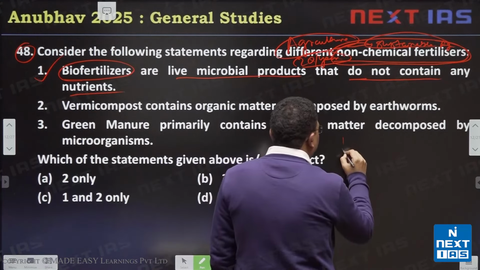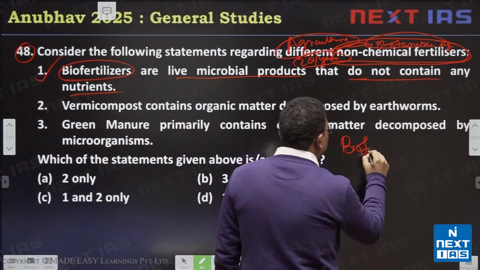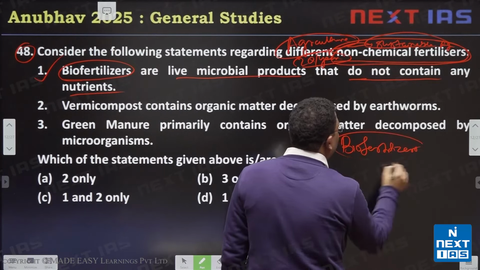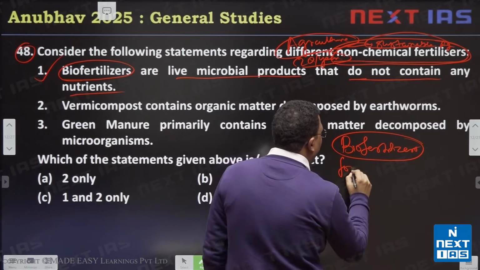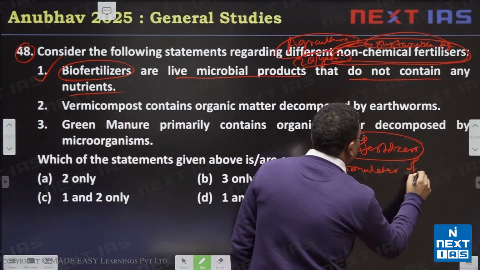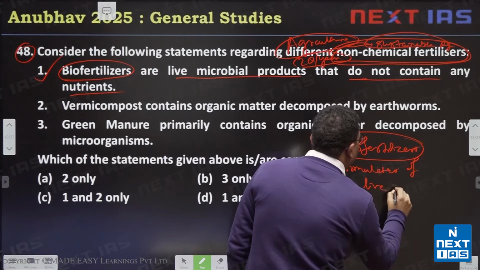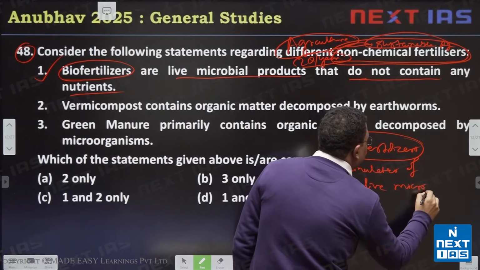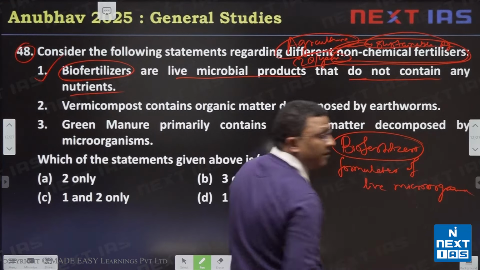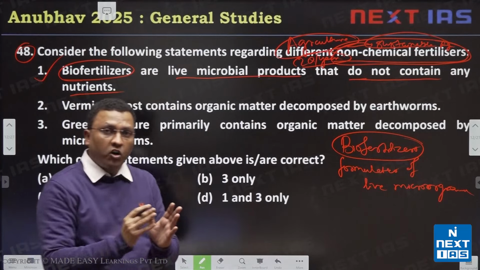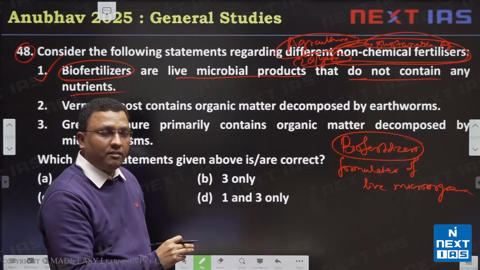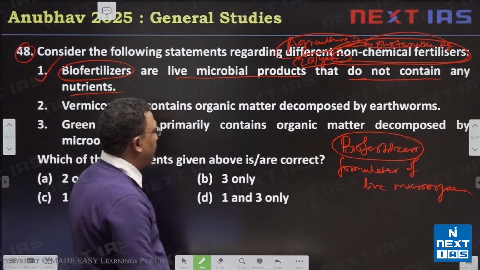So biofertilizers, in very simple terms, are basically formulations of live microorganisms, right? So basically live microorganisms are packed in the form of formulations, and that is what is called biofertilizer, right?